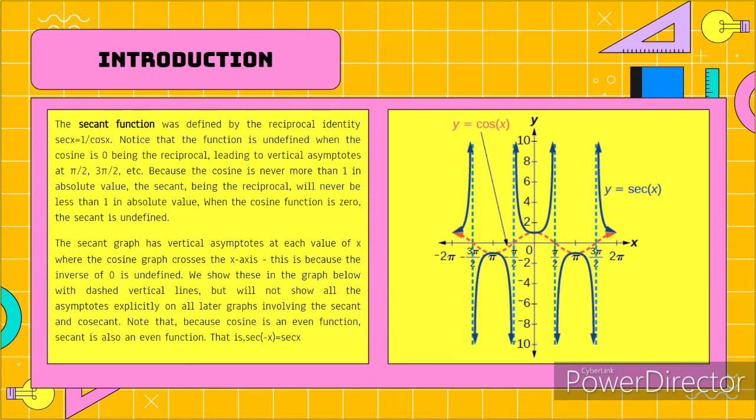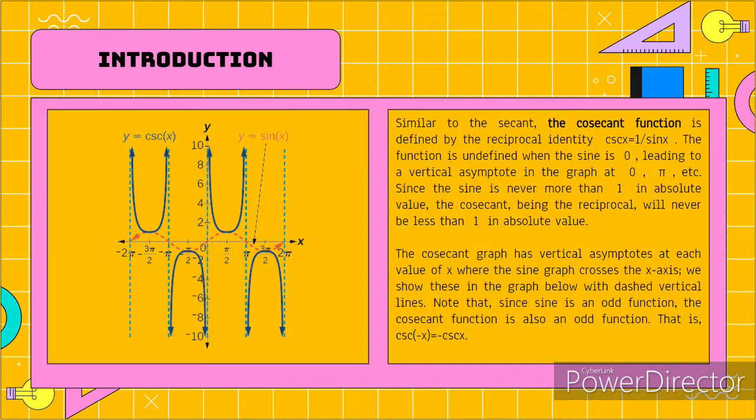When the graph of the cosine function increases, the graph of the secant function decreases. The secant graph has vertical asymptotes at each value of x where the cosine graph crosses the x-axis, because the inverse of 0 is undefined. Similar to the secant, the cosecant function is defined by the reciprocal identity of sine.